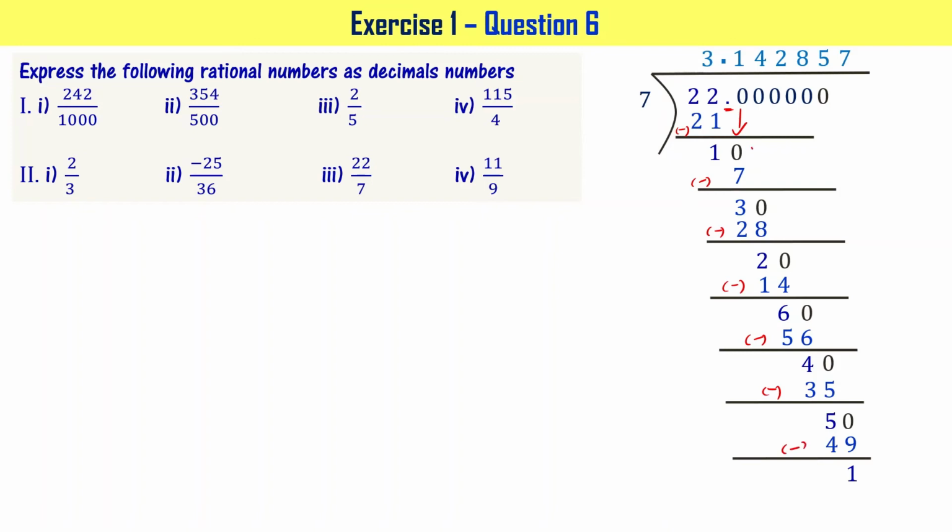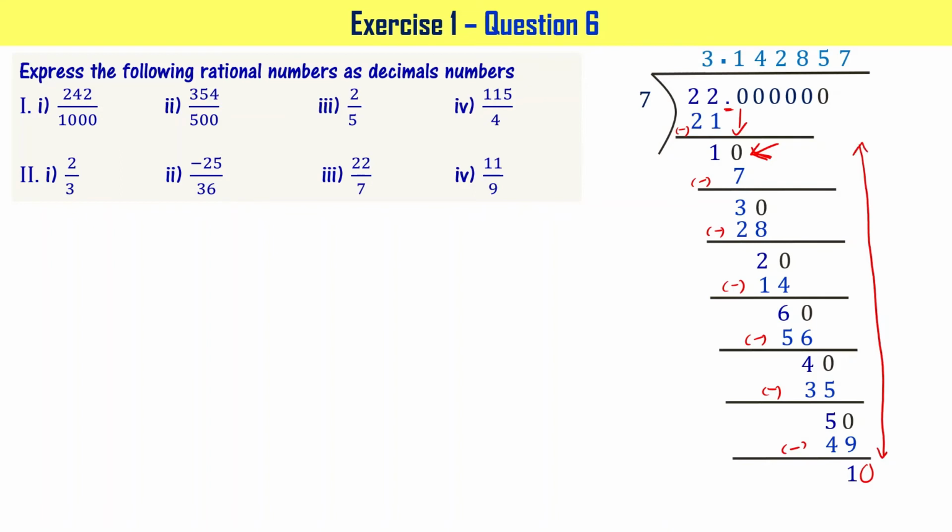Look at this. We had 1 as the answer here. At this point, that's why we brought 0 down and it became 10, right? Then if I bring another 0 down, it is going to repeat. The whole exercise from here is going to repeat in a cyclic manner, right?